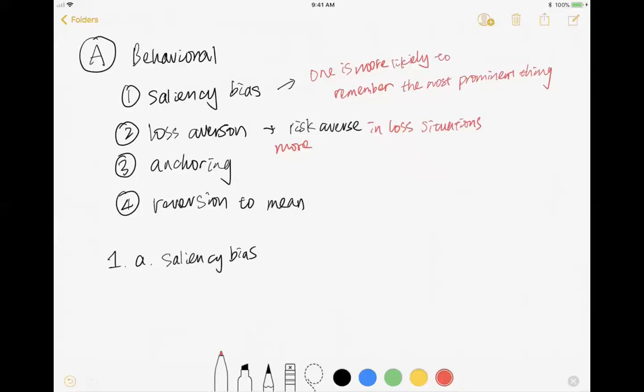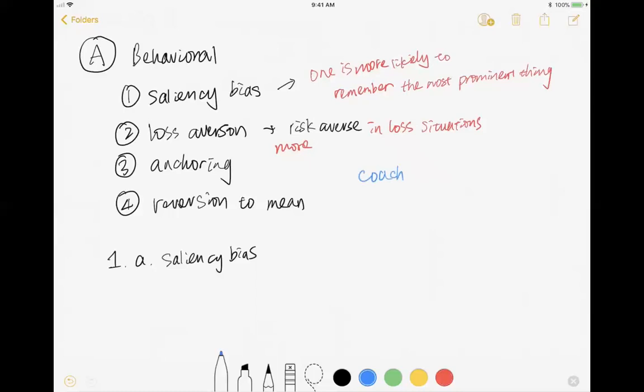So that's loss aversion. And anchoring means if I give you something as an anchor, and you get some impression of this thing, then all the following judgments can be made around this anchor. I think many big companies use this strategy to sell their products, like Coach. If you walk into a Coach store, first they will put the most expensive but the fanciest, the coolest thing in front of you, and then you get an idea, oh, this is the Coach level and this is the price for a Coach bag.